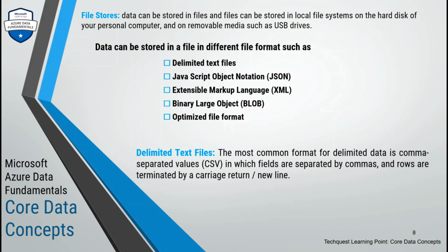Other common formats include tab separated values, TSV, and space delimited, in which tabs or spaces are used to separate fields, and fixed width data, in which each field is allocated a fixed number of characters. A delimited text file is a good choice for structured data that needs to be accessed by a wide range of applications and services in a human readable format.